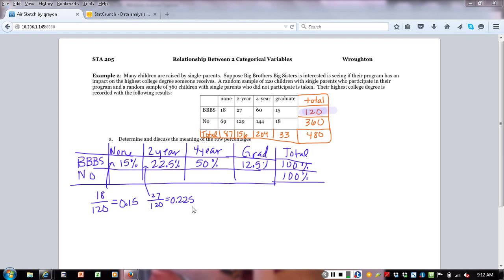In a similar manner, we can get the no row. Just now going to use the 360 as our total. For example, that one will be 18 out of 360. Give me 5%, but then similar ideas there.